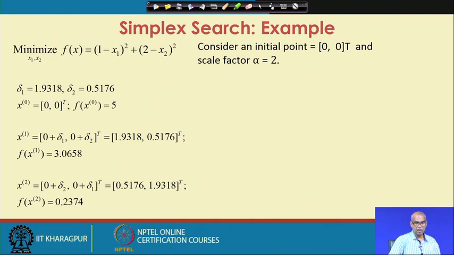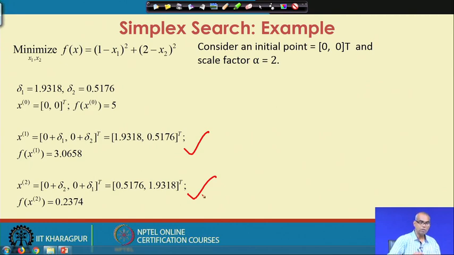So, once I get delta 1 and delta 2, I can obtain x 1 and x 2, that means the other two vertices of the simplex, as shown. So, I obtain three vertices.